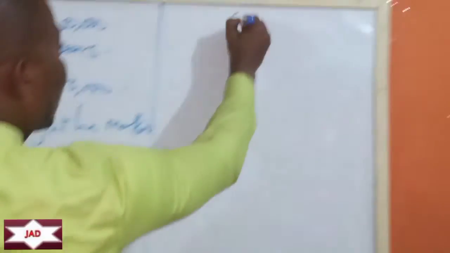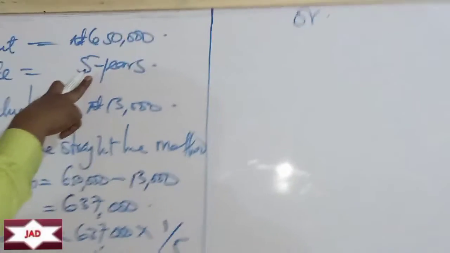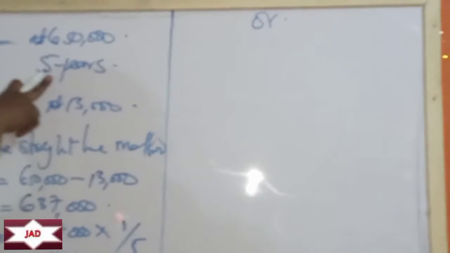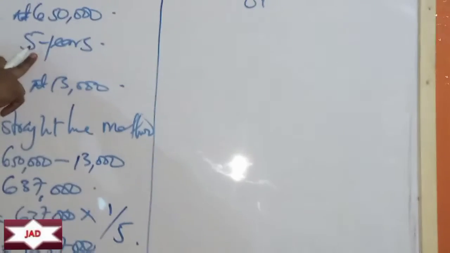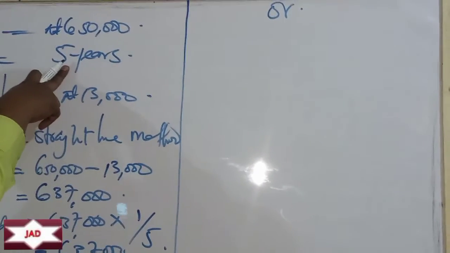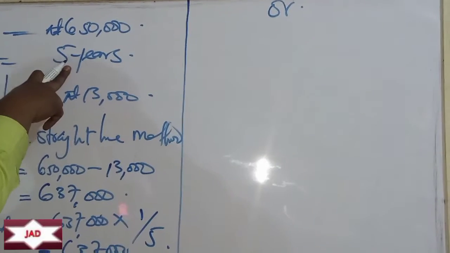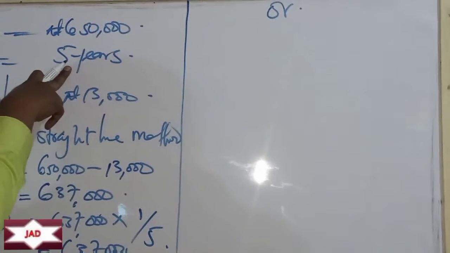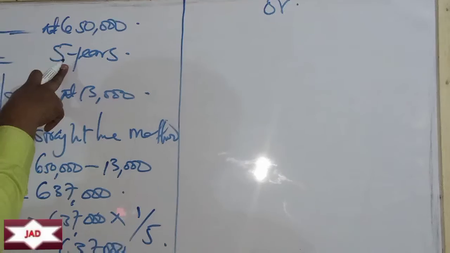So another way that we can do this, or, 5 years. When you say 5 years, are you there? So we can say 100 divided by 5. That will give us 20. Convert it to percentage, that's 20%.